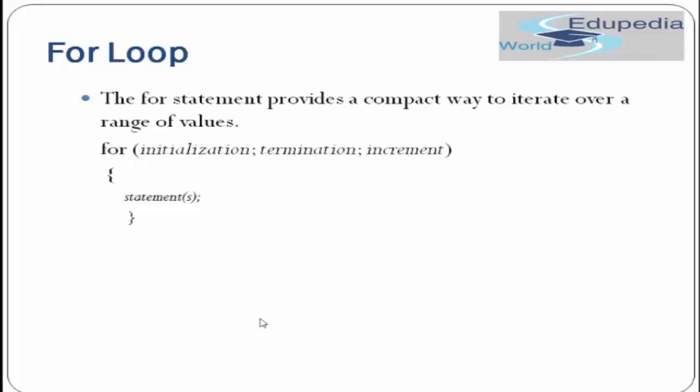After that, we have three sections of a loop included inside the for, which are initialization, termination, and increment. And then we have statements. These statements are whatever you want to execute in a loop. Whatever you want to execute multiple times is included in the statements. We are going to see an example of that.